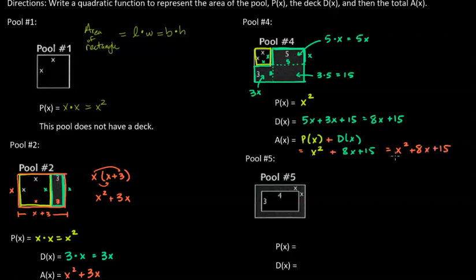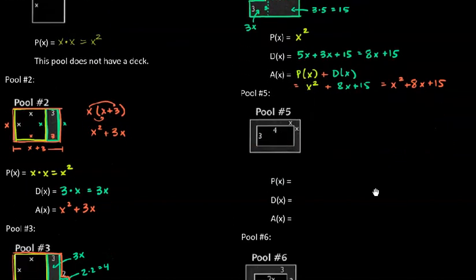So there we can see a quadratic function that represents the area of the pool combined with the deck. Again, the bigger your pool, as we increase this x value, we would expect that this total area is going to keep getting bigger as well. Pool 5, that would be the next one that we're going to take a look at.